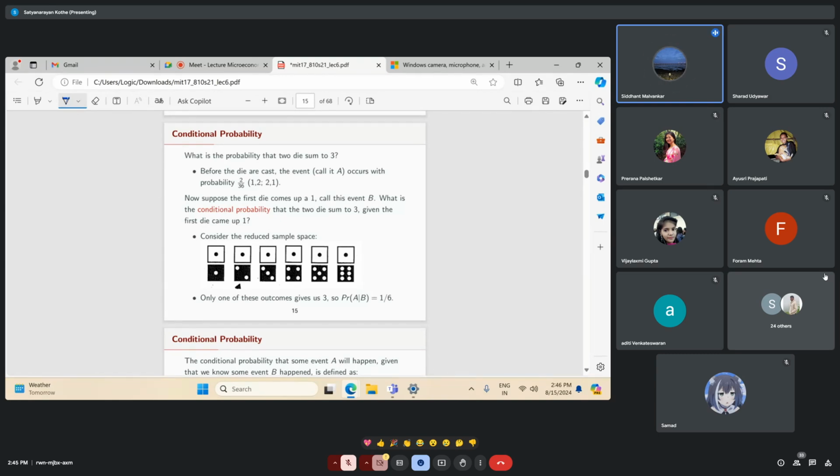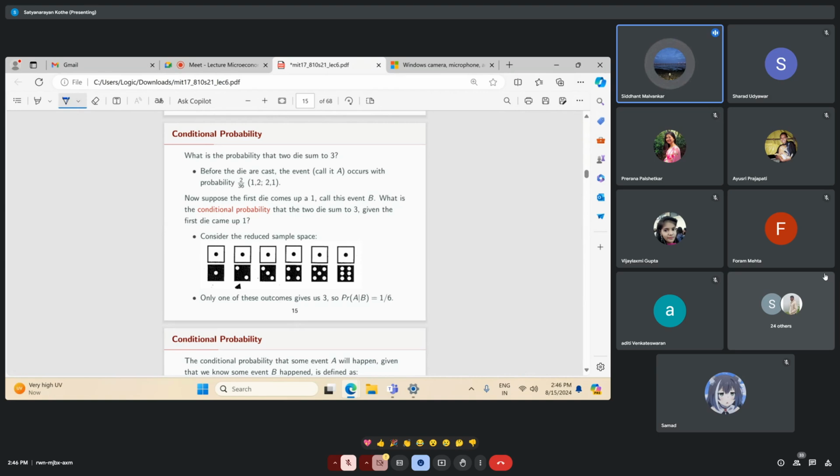One example is given. What is the probability that 2 dice sum to 3? Before the die are cast, the event, call it A, occurs with probability 2 by 36, (1, 2) and (2, 1), or we can say vectors.